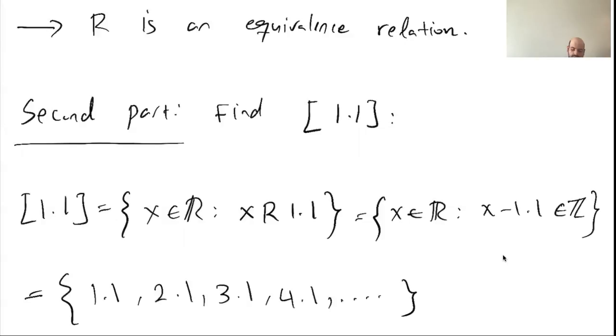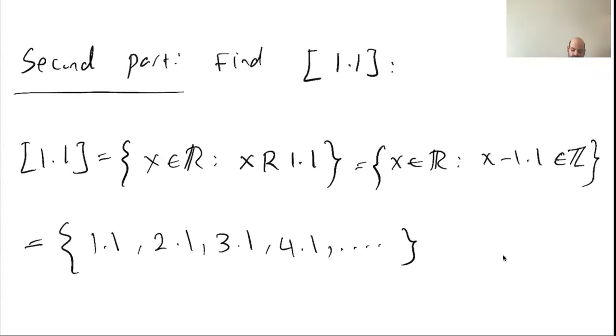And also from the other way, we could add positive integers to 1.1 or add negative integers to 1.1, and still minus 1.1, those will be integers. For example, 0.1, right? 0.1 minus 1.1 is minus 1, which is an integer.